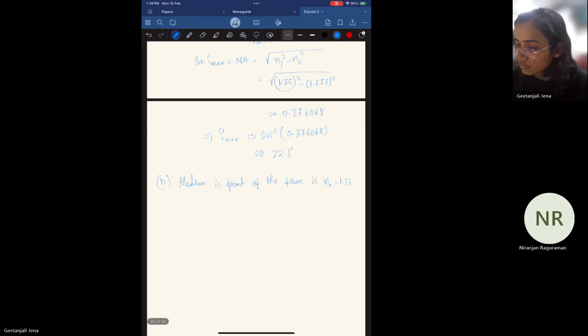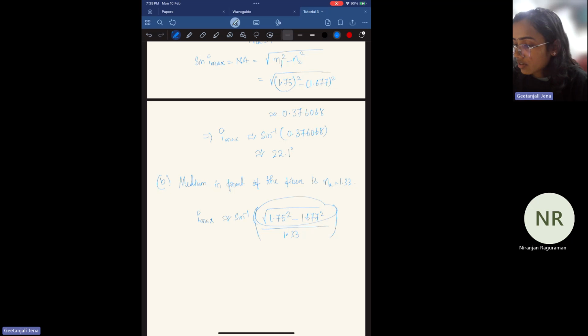So i max is sine inverse of root over 1.75 squared minus 1.677 squared over 1.33.